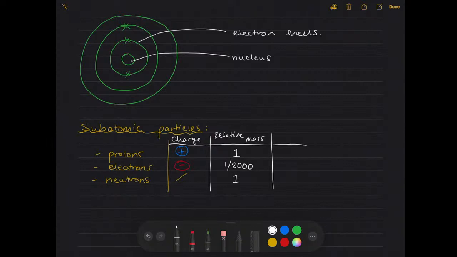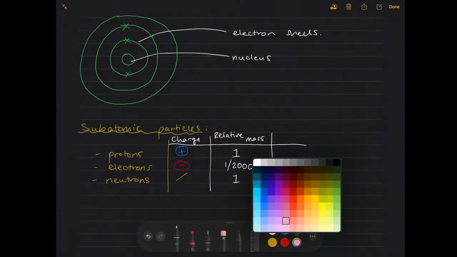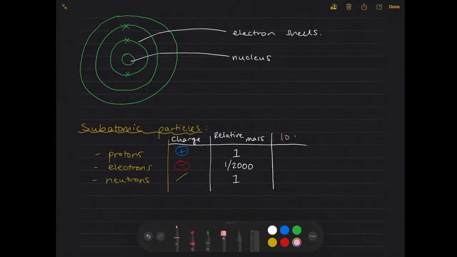So much that usually we can say they are negligible. They are 2,000 times smaller in mass than a proton. Importantly, that doesn't affect the charge. One proton will still attract a single electron, vice versa.